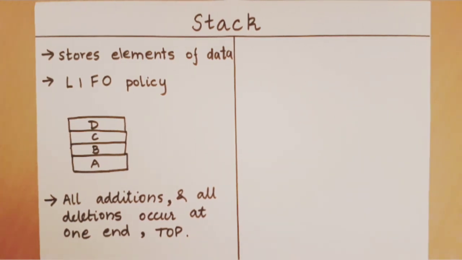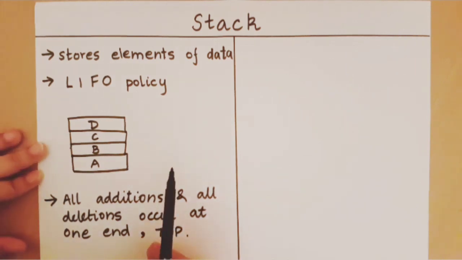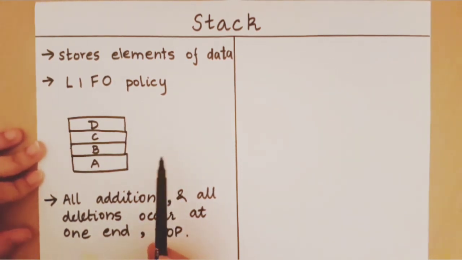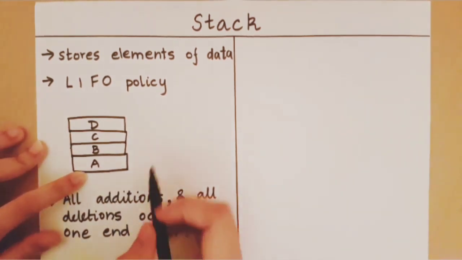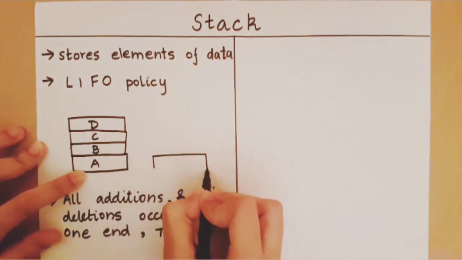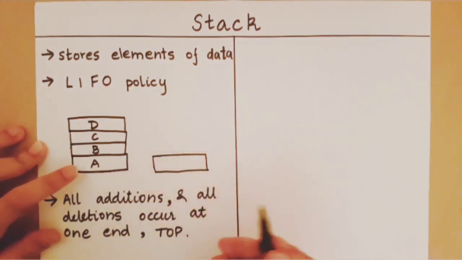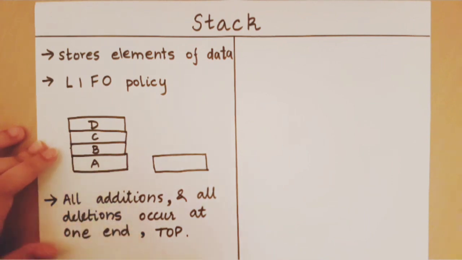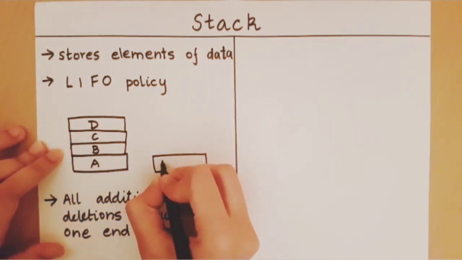Let us say you are on page A and you are moving to page B. When you are moving from page A to page B, the address of page A will be put into the stack. To not confuse it with this stack, let me take it as page 1, 2, and 3.